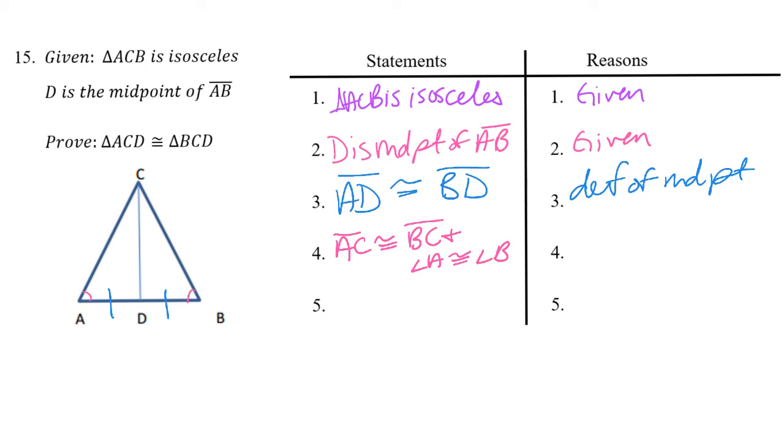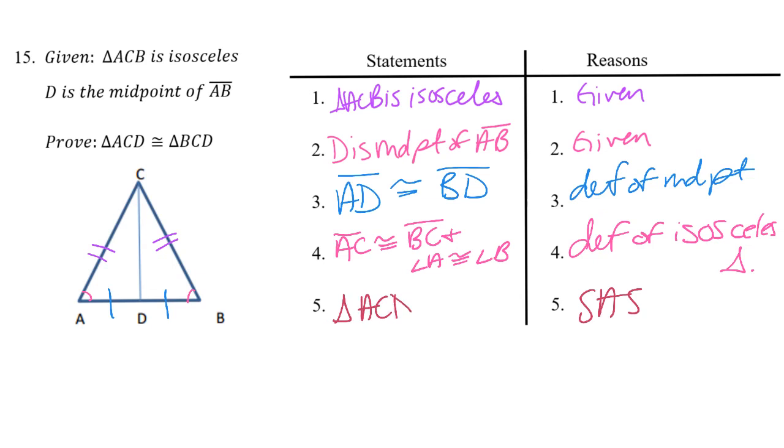You can get those base angles congruent, and those sides congruent, and that is all done by definition of isosceles. You can list this out separately if you want. And then that gives you that the triangles are congruent by side, angle, side. So triangle ACD is congruent to triangle BCD by side, angle, side.